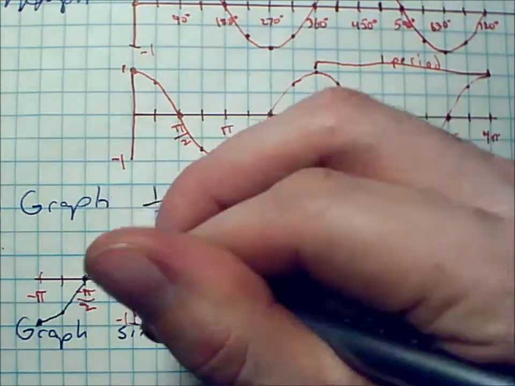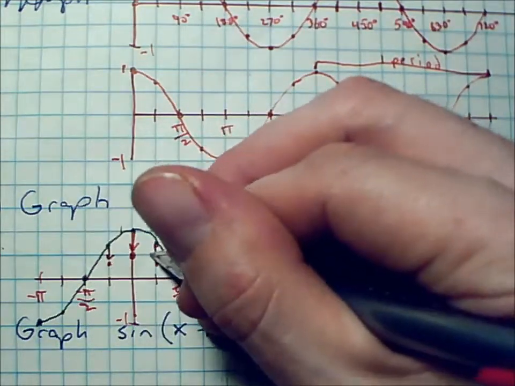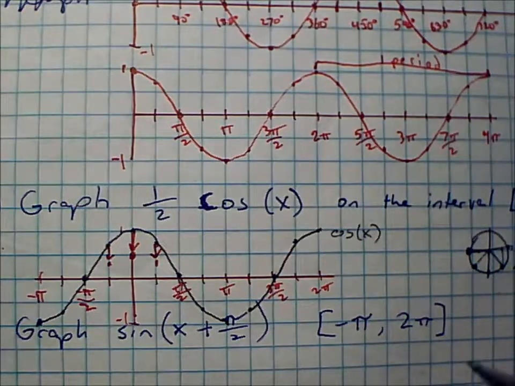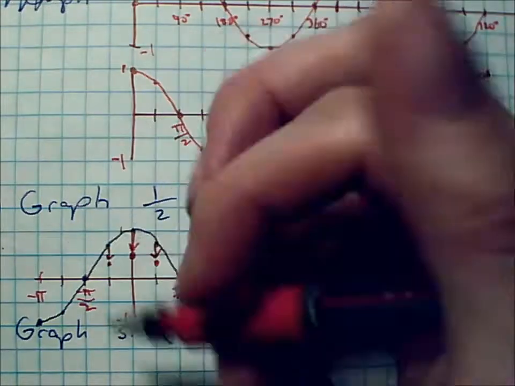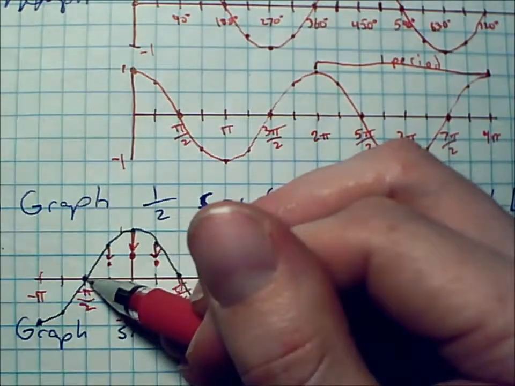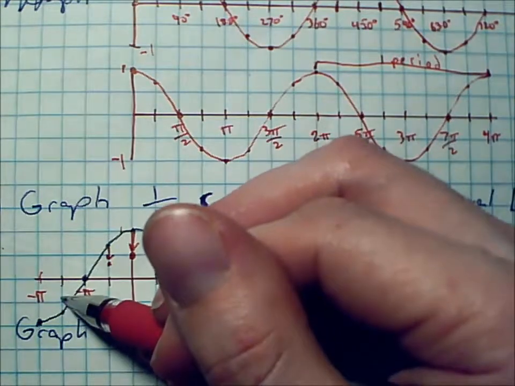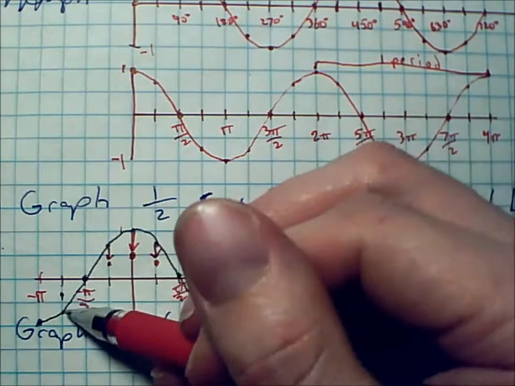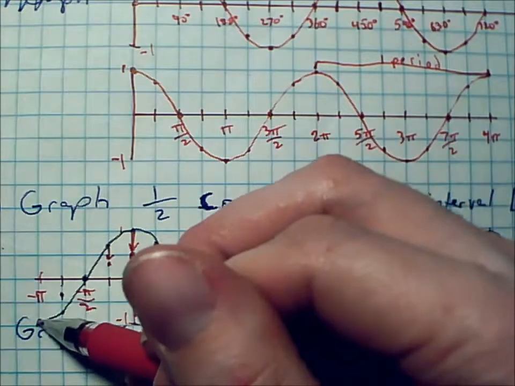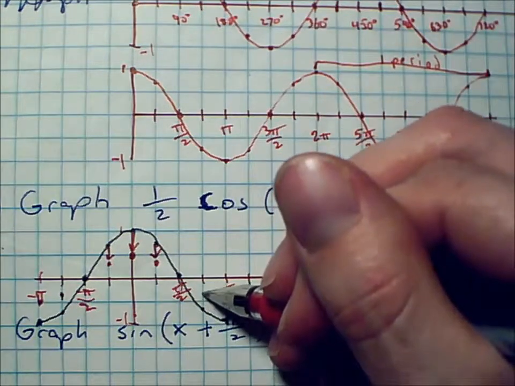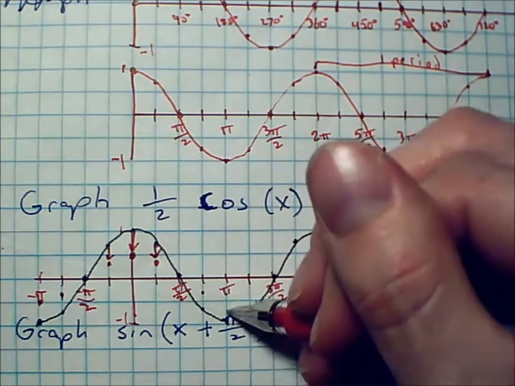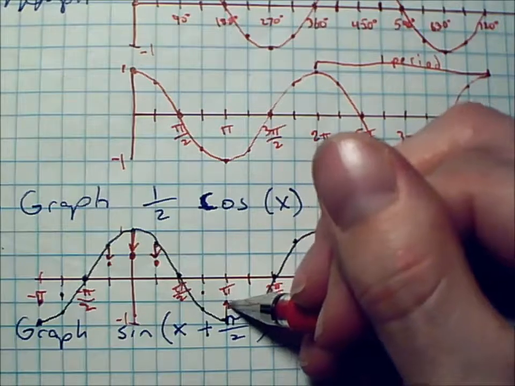So all of these are getting half as far away from the x-axis. So that's going to happen to all of my y values. Now if it's already 0, it can't get any closer to the x-axis, but square root of 2 over 2 is going to become square root of 2 over 4, or 0.35, and then a 1 is going to become a 1/2.